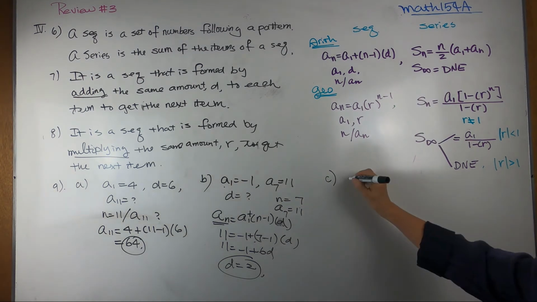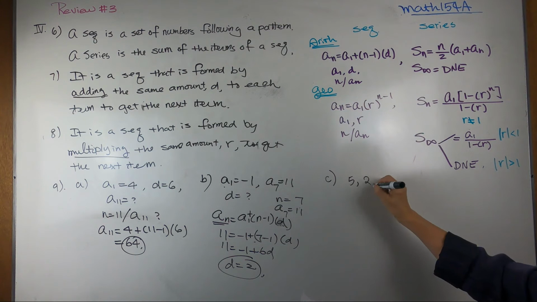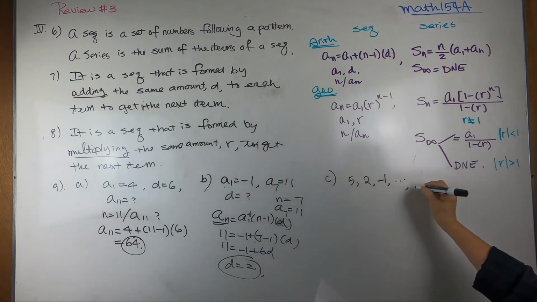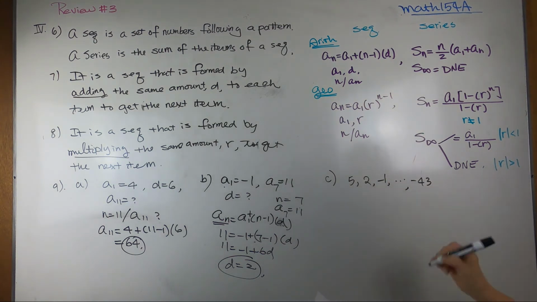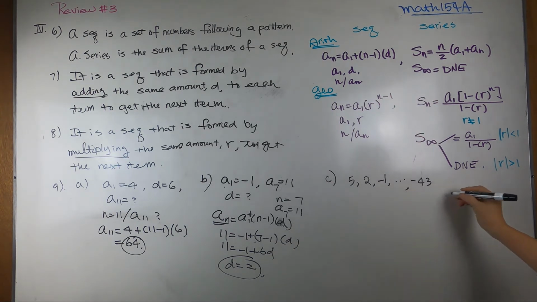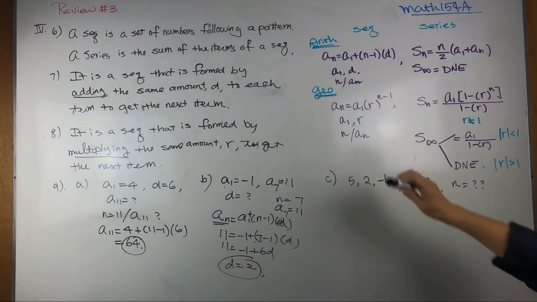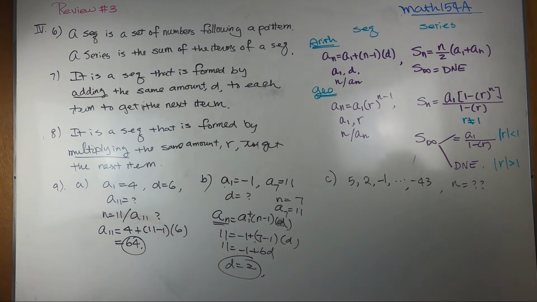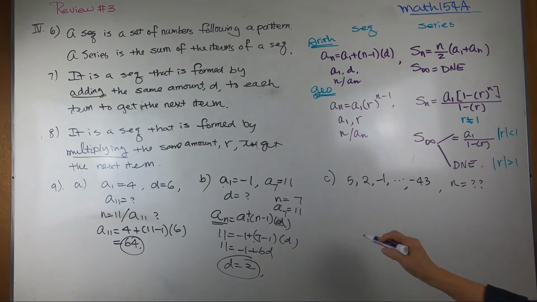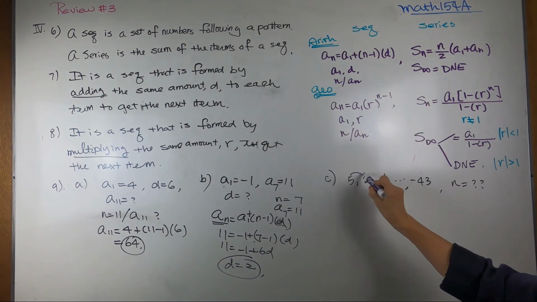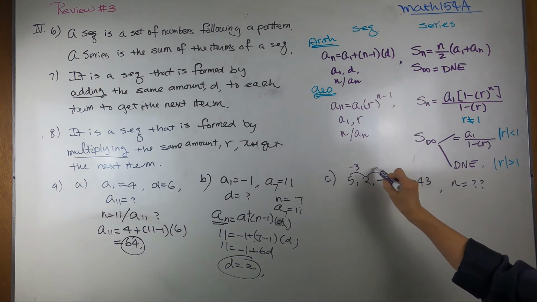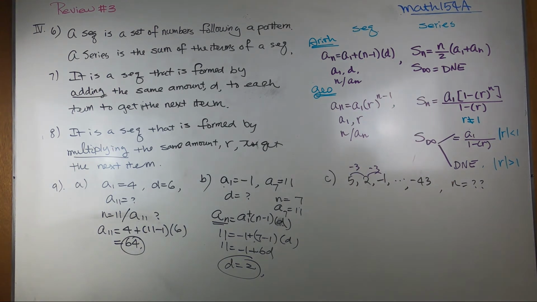Okay, if we have this one, 5, 2, -1, all the way to -43, then we don't know what N is that we ask you about, right? Then you have to decide, is it an arithmetic or geometric sequence? You have to decide that first. So we check the D if it's possible. -3, oh, it works, right?